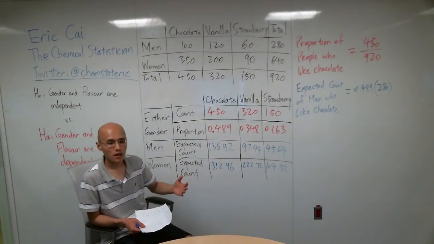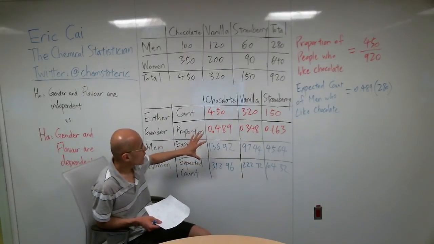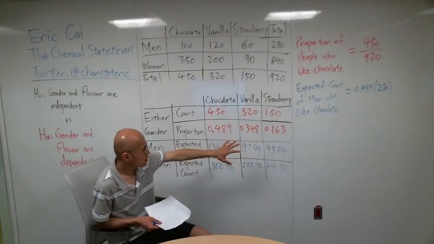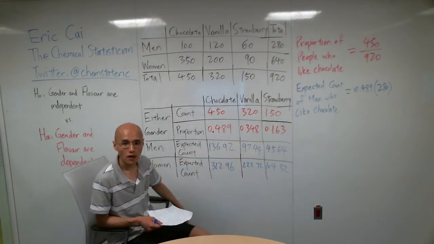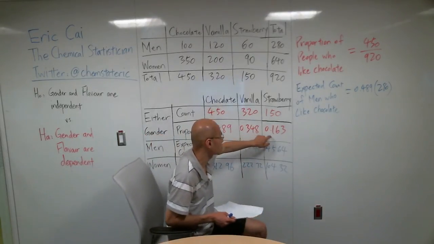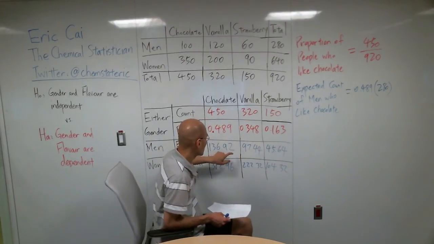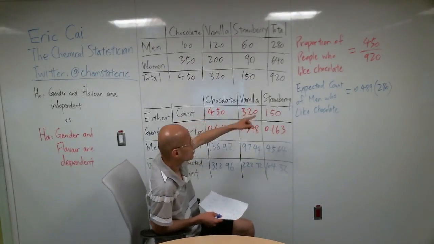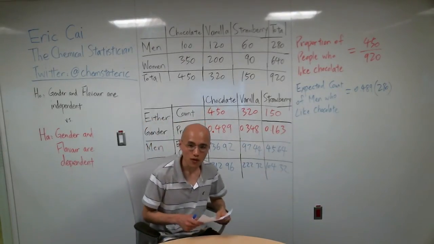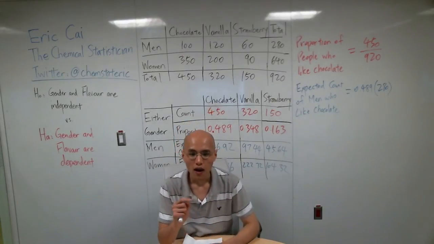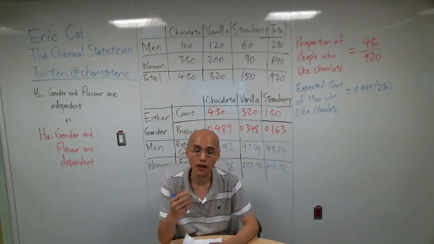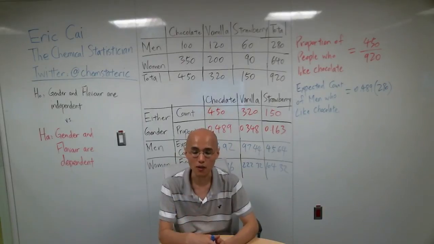So there may be some round-off error when you sum these values up. But these three should sum to approximately 1, and these six should sum to approximately 920. So this is the first way of calculating expected counts in contingency tables.